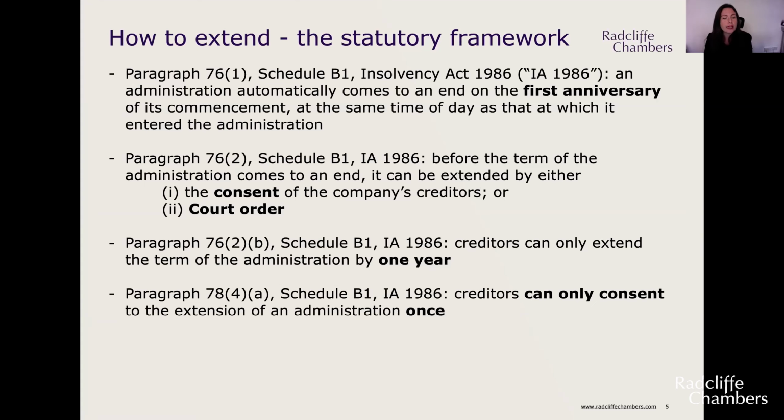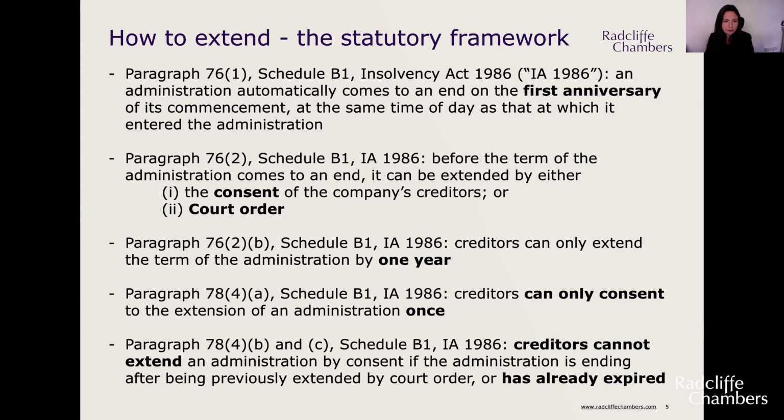And creditors can only consent to the extension once. So you've got your one extra year, which is a sort of acknowledgement by the court that they would be a bit overrun with applications if you had to apply to the court after the expiry of 1 year. But by the time you get to 2, the court tends to think, well, we need a bit of oversight here. We need to understand why it's going on for so long. So I think that's the rationale there.